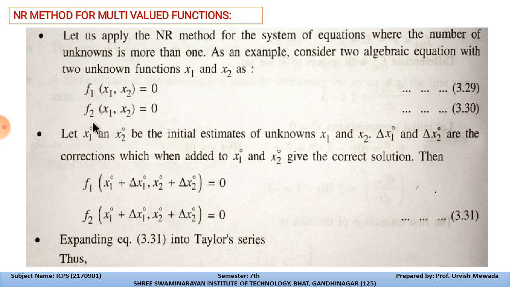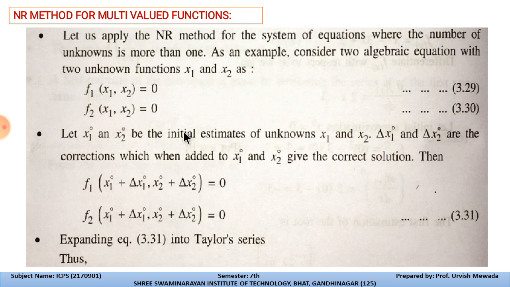Let x1 raised to 0 and x2 raised to 0 be the initial estimates of the unknowns x1 and x2, and delta x1 raised to 0 and delta x2 raised to 0 are the corrections which, when added to x1 raised to 0 and x2 raised to 0, give the correct solution of the given multi-valued function using the NR method.